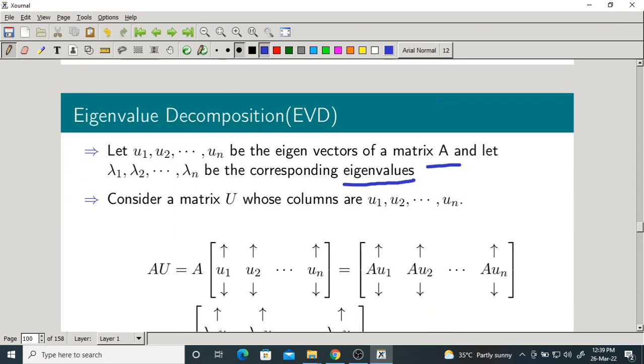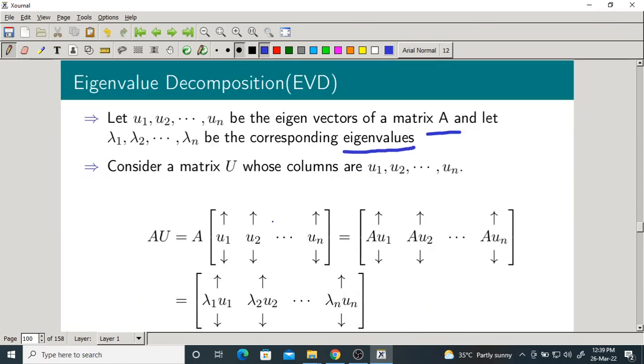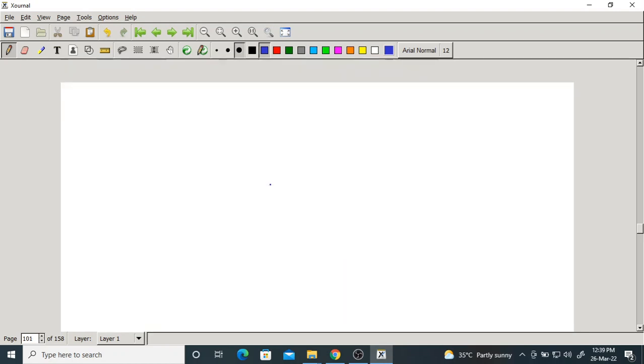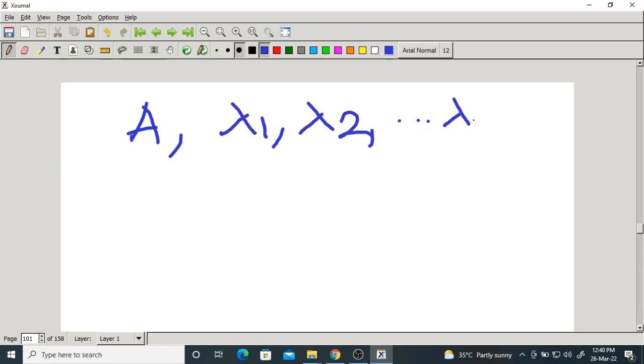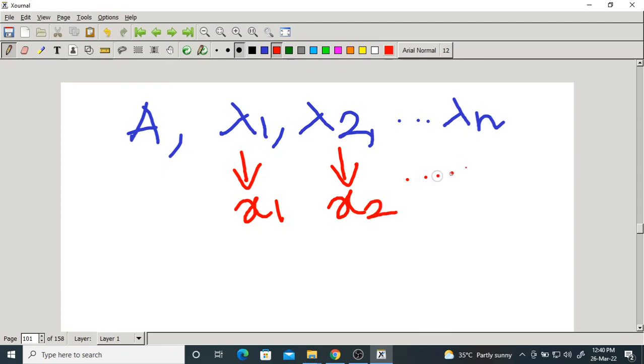Now let me write: a square matrix A with eigenvalues lambda 1, lambda 2, so on, lambda n, and corresponding eigenvectors x1, x2, so on, xn.